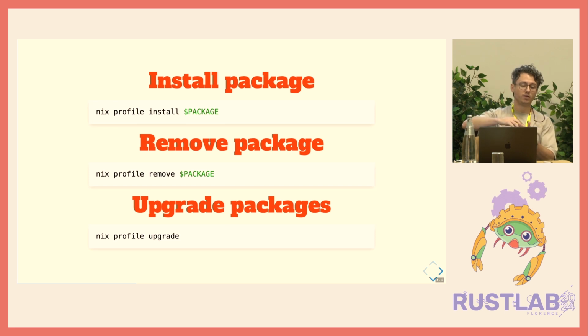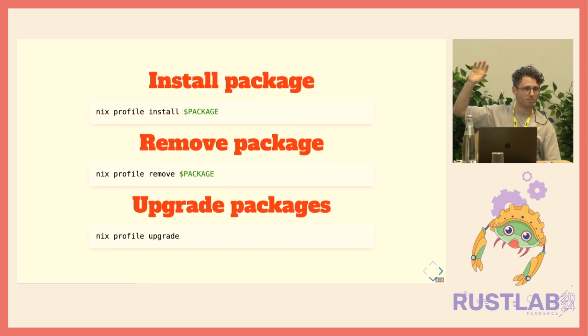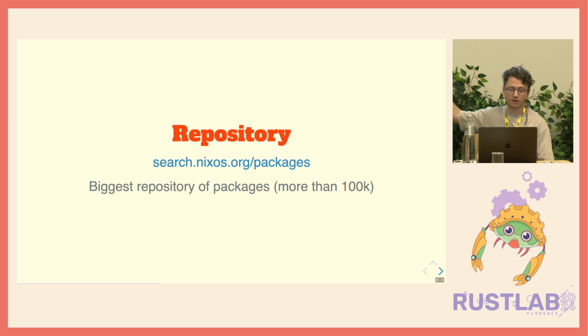Usually when you are writing documentation, sometimes you have to explain how to do it on Linux, on Mac, on anything else, and you can just use Nix as a package manager. This doesn't give you any reproducibility, but I think it makes things more consistent. And if you go to this URL, you can search for the packages. It has more than 100K, and I think it's one of the biggest repositories of packages.